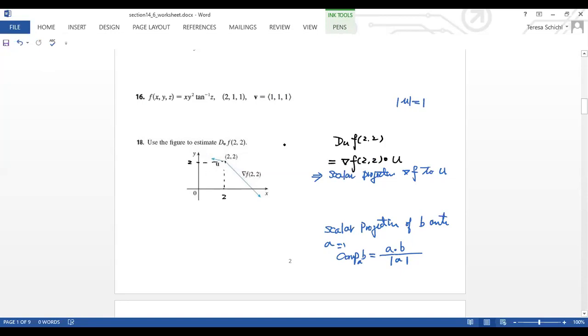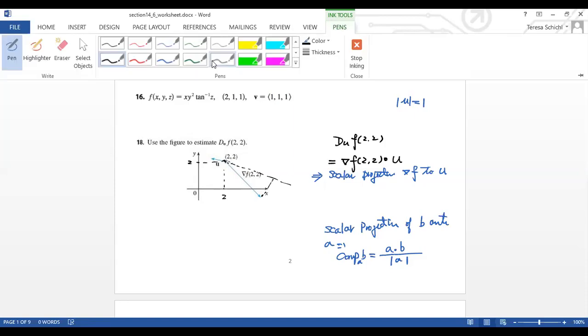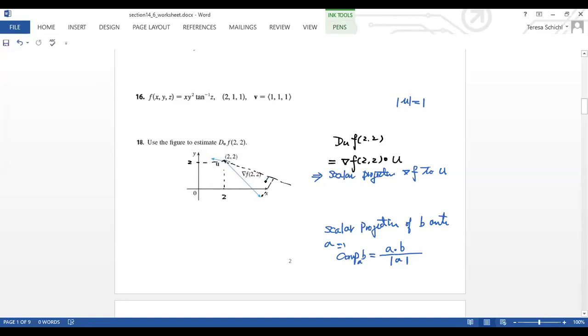Okay, so we know this is the scalar projection of the gradient vector onto u. So you extend the u, and that means I need to project onto it, right? Think of it like you have a light, and you're shining the light through here.